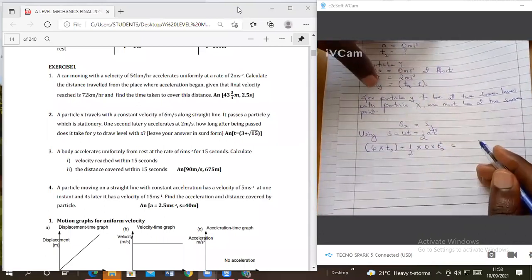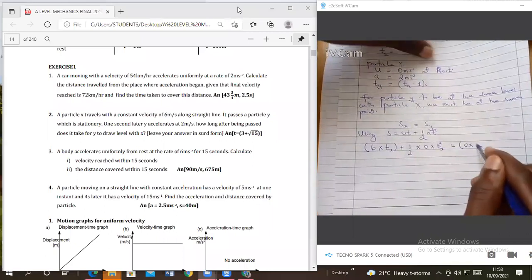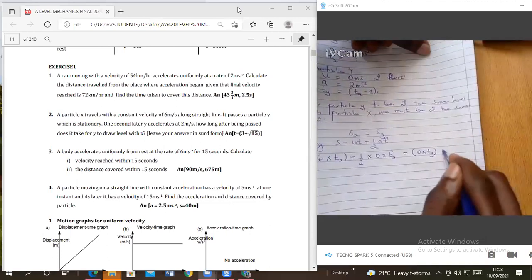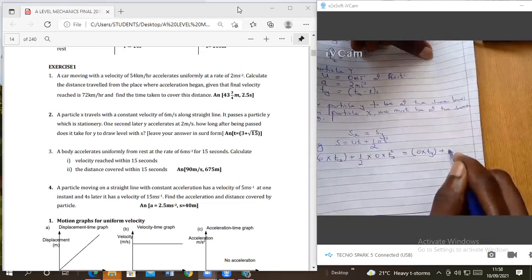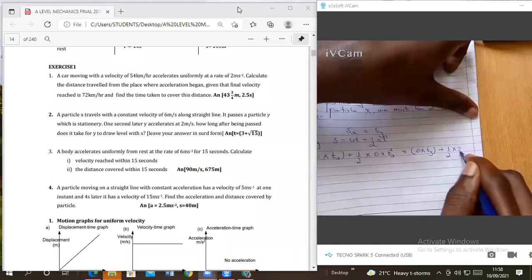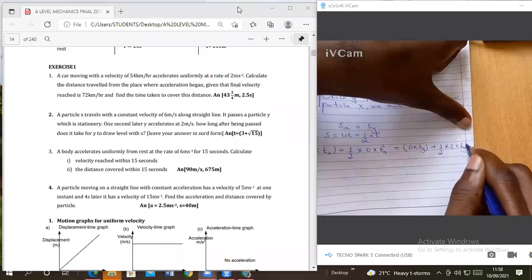So for sy, if we substitute, our initial velocity is 0, so we shall have 0 times ty plus a half times acceleration, which was given to be 2, times ty squared.